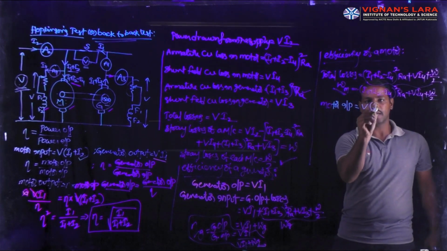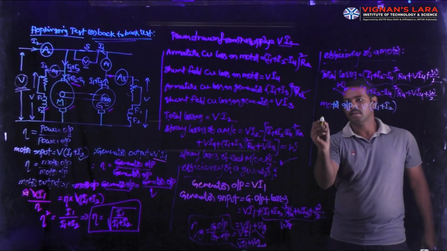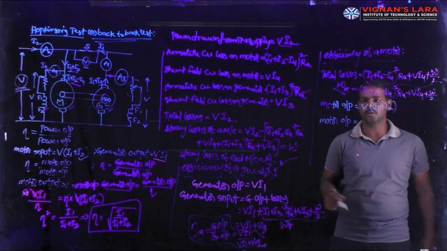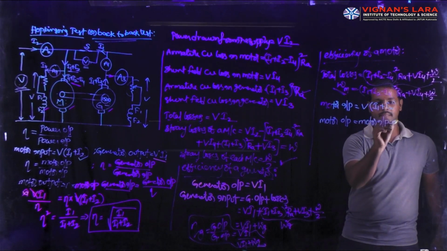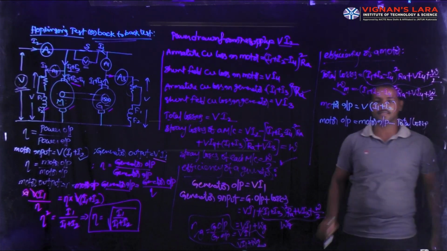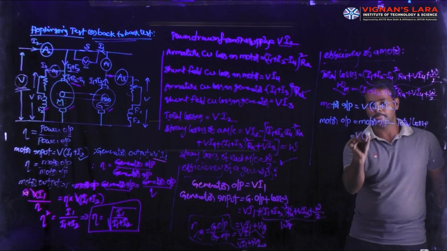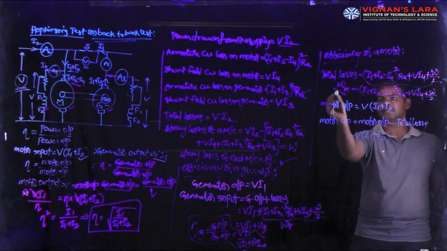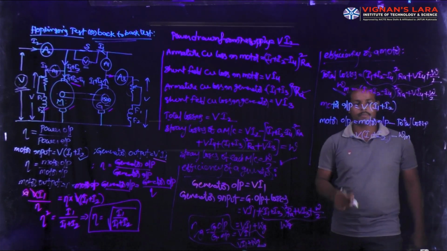The motor output is equal to the motor input minus the total losses. So the motor output is V into (I1 plus I2) minus WM, where the total losses are denoted by WM.